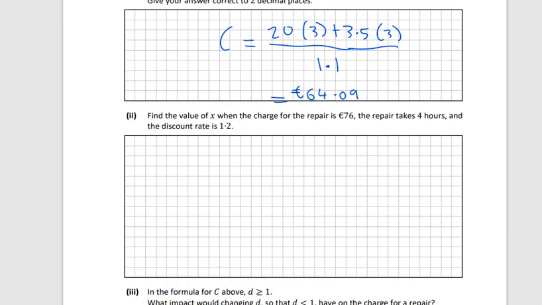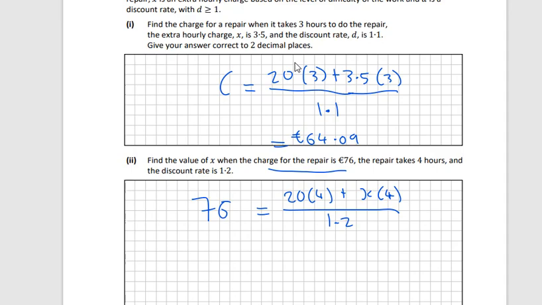And second part, we put in the things as we know them. So the charge for the repair is 76. So 76 now is on the left hand side. That goes in for the C. We have 20 times 4 plus X times 4, all over discount rate is 1.2. Well, we bring across 1.2.